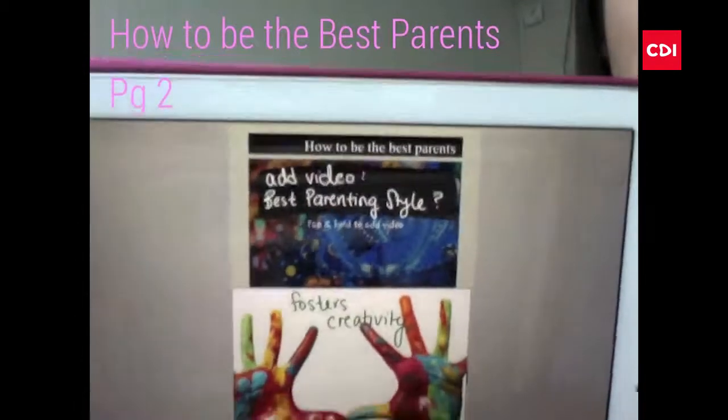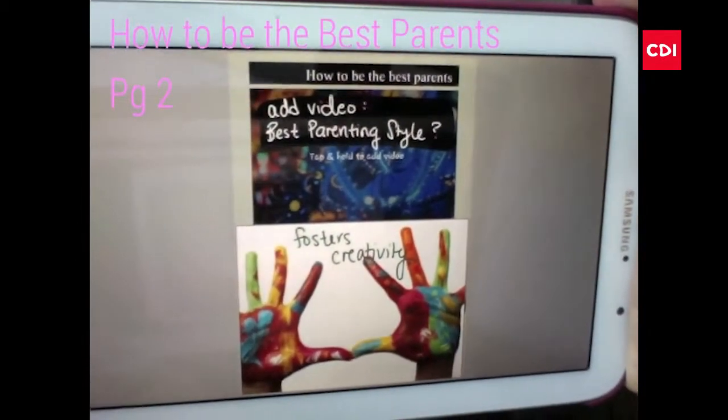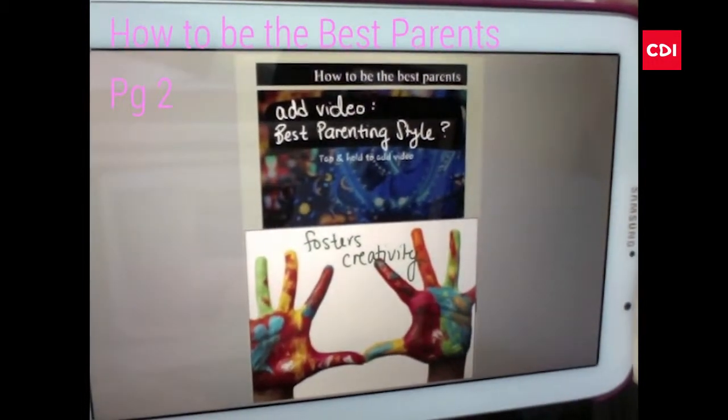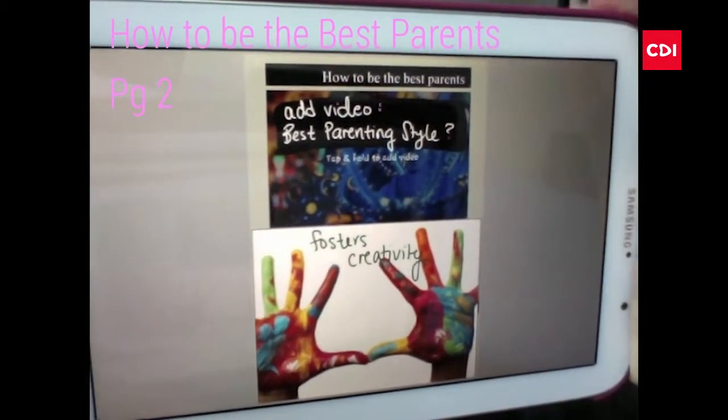For the second page of their project, I would like them to create a page on how to be the best parent. Here they would have to choose the parenting style, whether that be concerted cultivation or natural growth. They'll then explain why that style will help their children become successful.